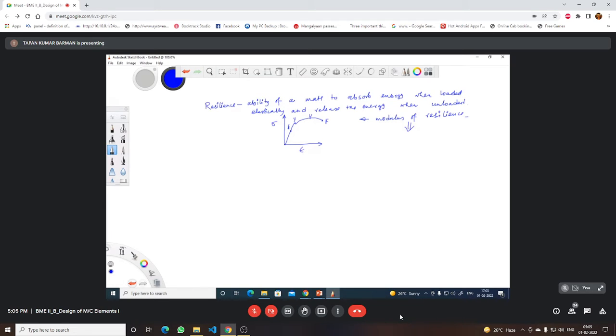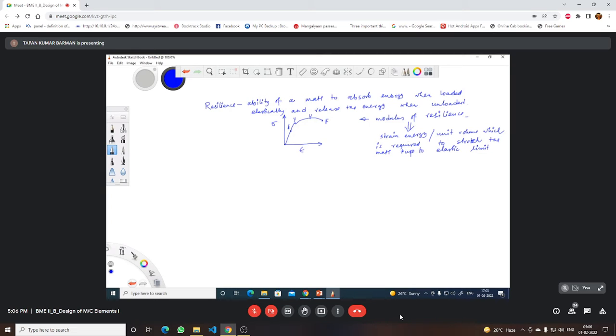Modulus of resilience is the strain energy per unit volume which is required to stretch the material up to elastic limit and release the energy when unloaded.